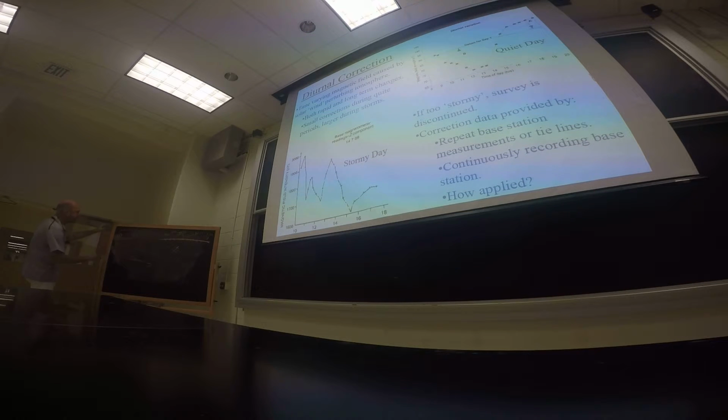So the base station, because of this effect right here, might look something like this. Okay, where these are my points. This is a value that I measure from my base station, and it changes with time.